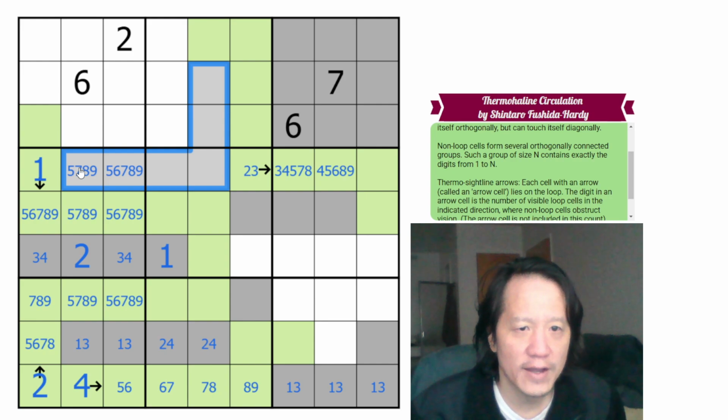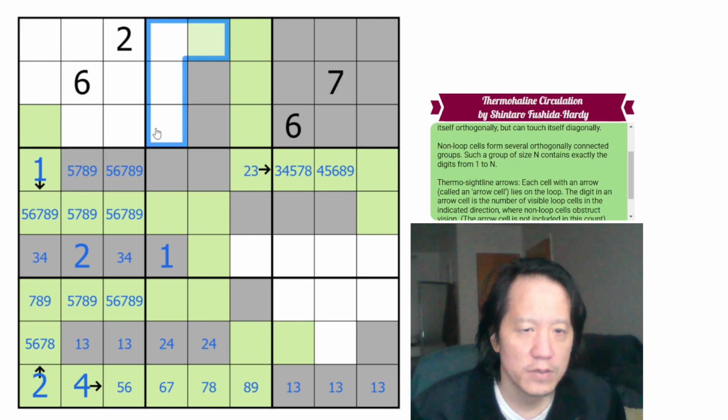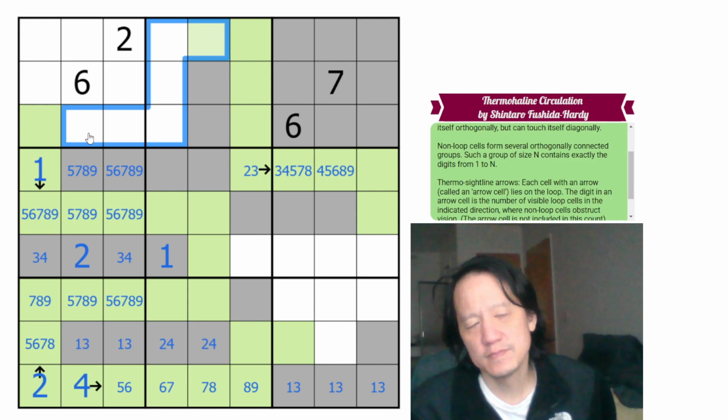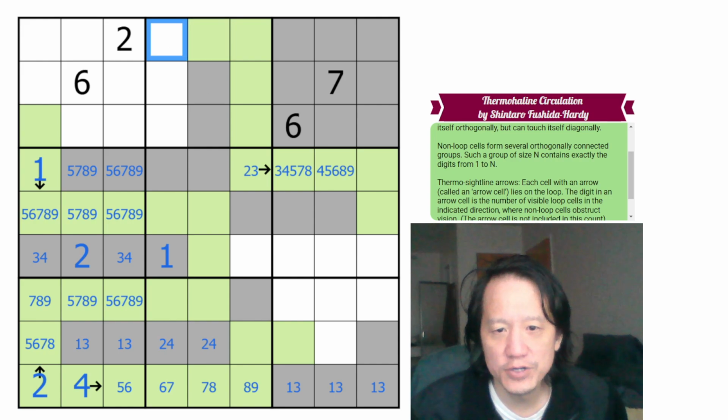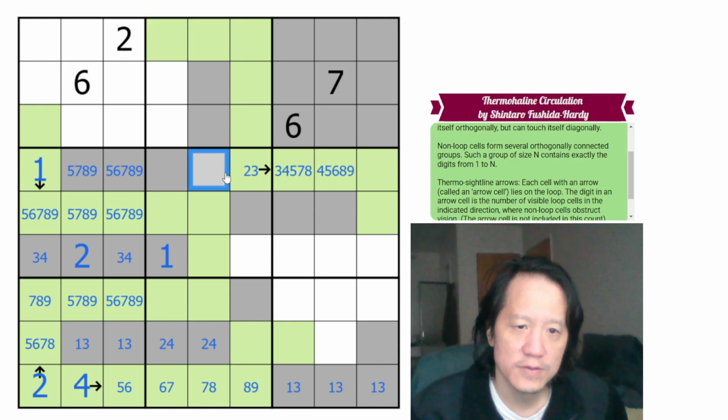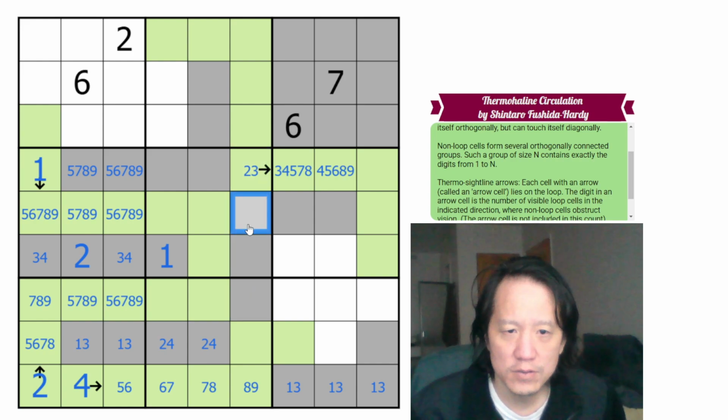It can have at most 3 more. But it could just be like that. That's possible. We do know it goes here, though. This must go here. Obviously, this can't be part of the loop anymore.